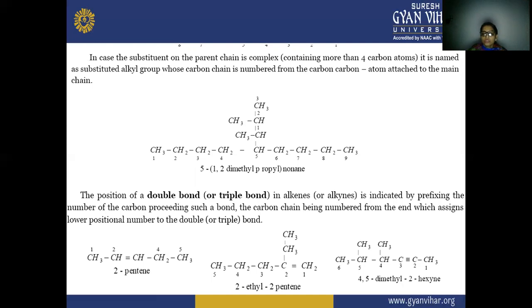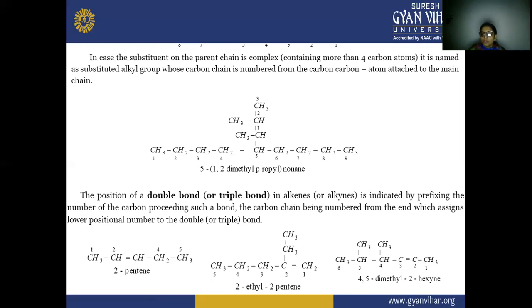Next is CH3, CH2, CH2, C, CH2. In this, 1, 2, 3, 4, 5. On the second position, the ethyl group is attached. So the double bond comes nearer from this right position.